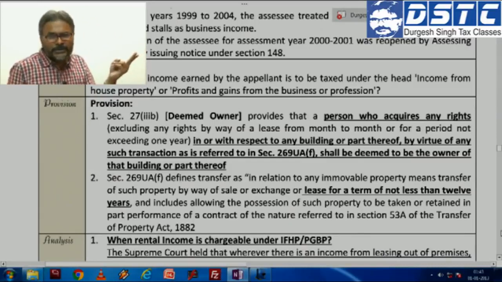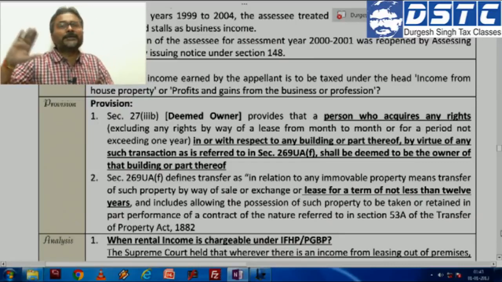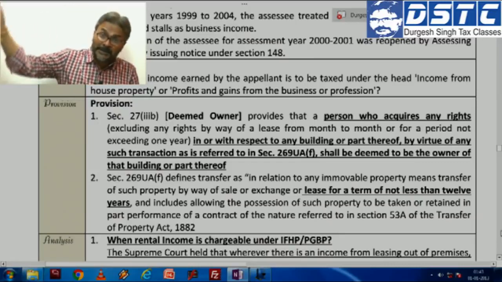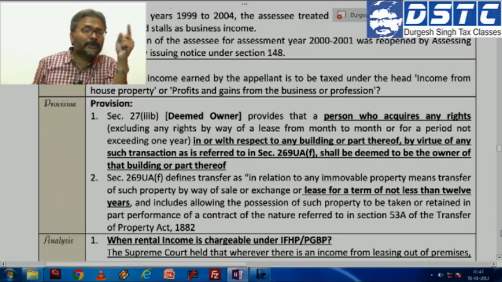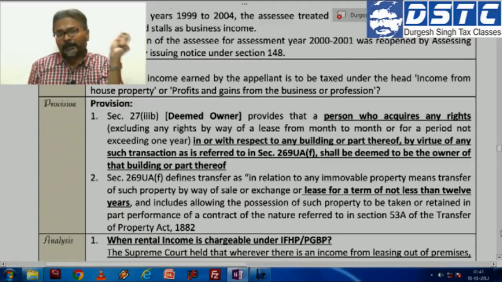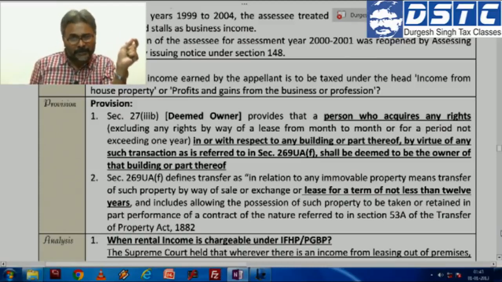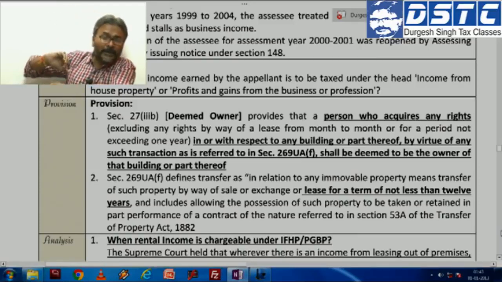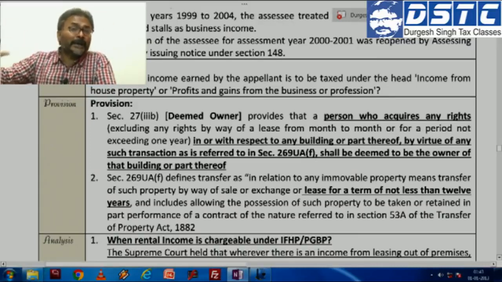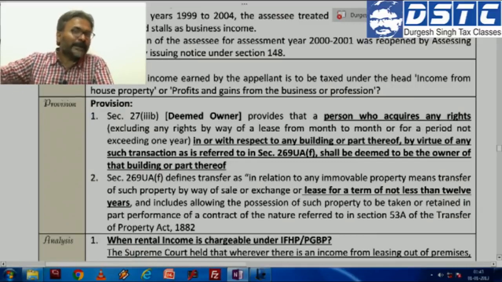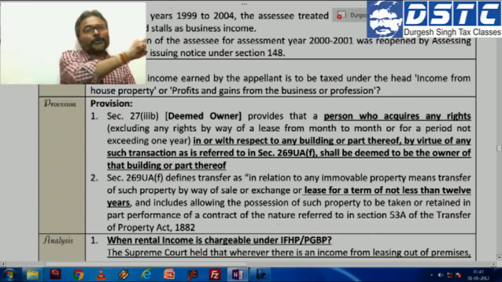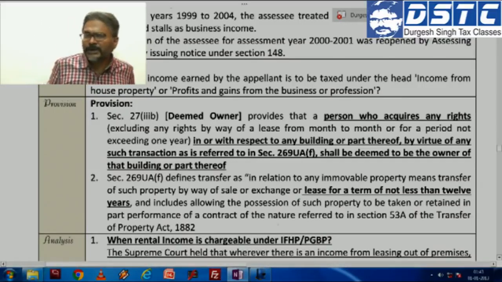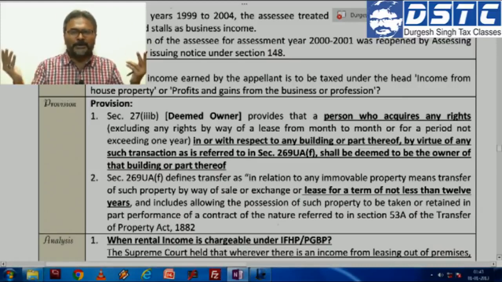What the court did thereafter was that, having concluded that the partnership deed is not conclusive to determine whether the assessee is in the business of letting out of the house property, the court in this case went on to look into the actual income position of the company, to determine whether the income from the letting out of the house property forms a substantial portion of the income or not.